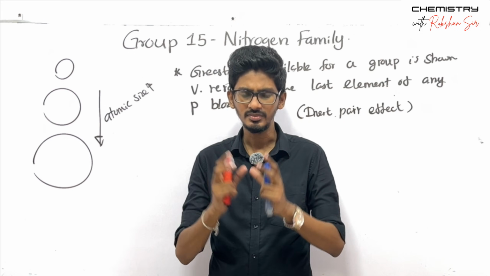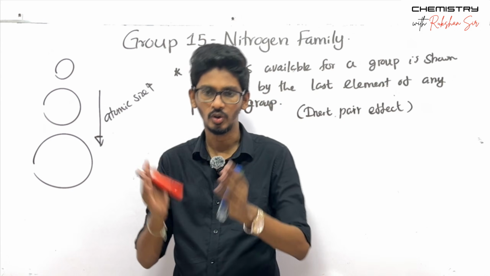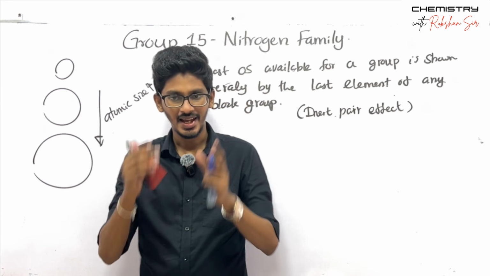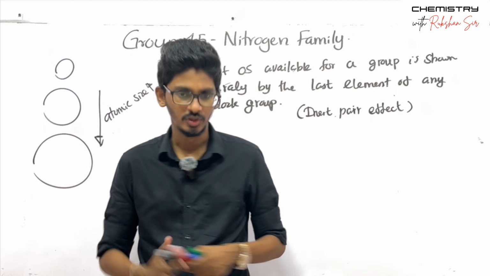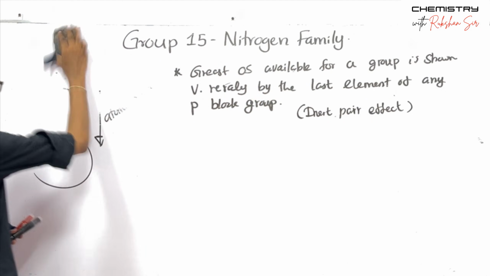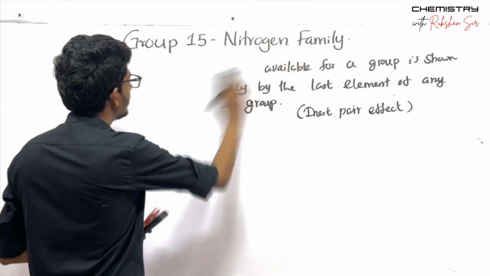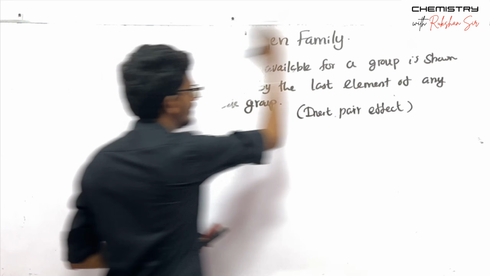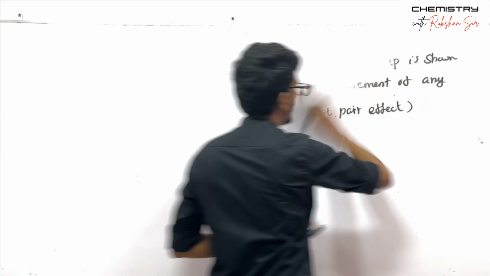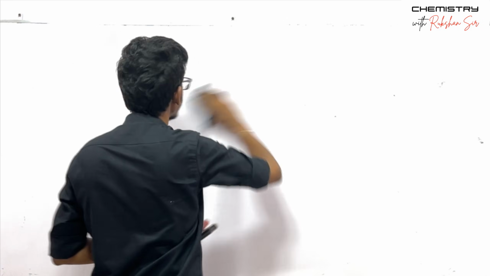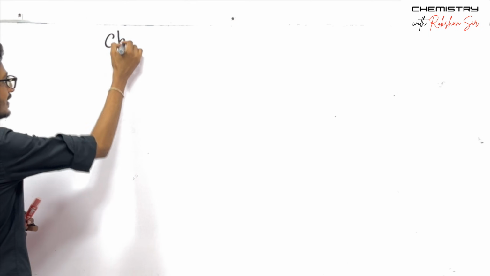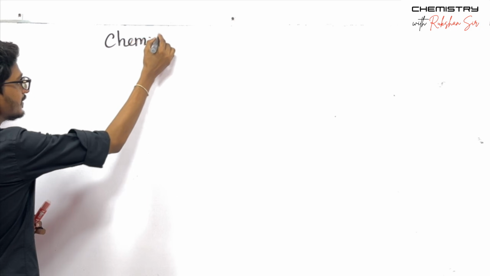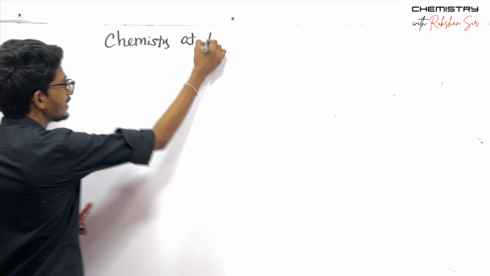Other than that, all are about the chemistry of nitrogen and its compounds. So let's move to the chemistry of nitrogen. Actually, we can name this section not as group 15 but as the chemistry of nitrogen.